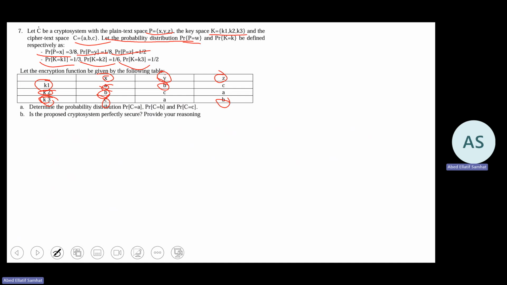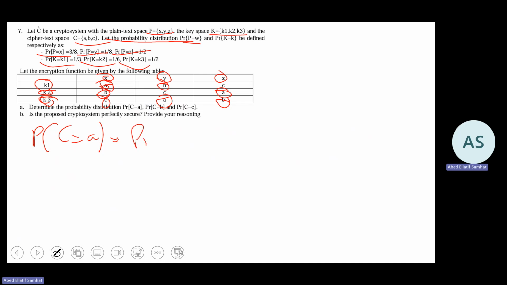When we obtain the ciphertext, the probability to have the ciphertext equal A will come from these cases.